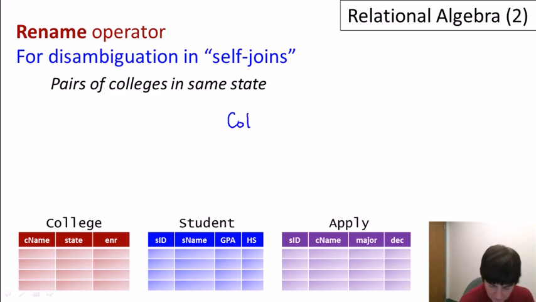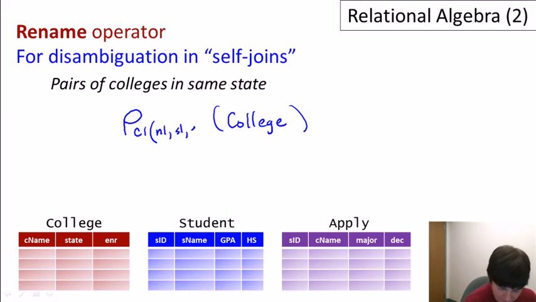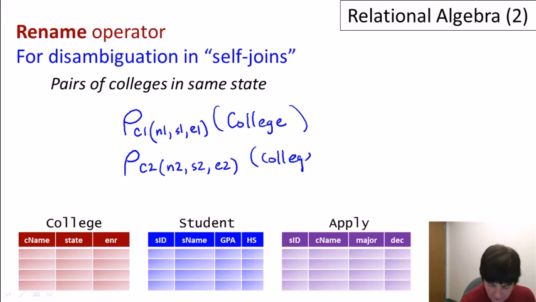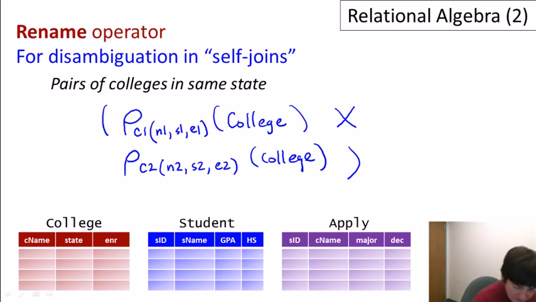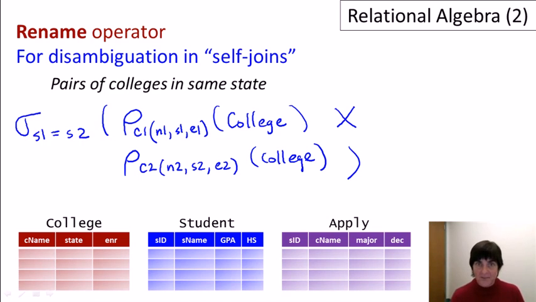We're going to take the first instance of college here, and apply a rename operator to that, and we'll call it C1, and we'll say that that has name 1, state 1, and enrollment 1. And then we'll take the second instance here, we'll call it C2, so N2, S2, E2 of college. And now we have two different relations. So we can take the cross product of those two, and then select where S1 equals S2. Okay? And that gives us pairs of colleges in the same state.